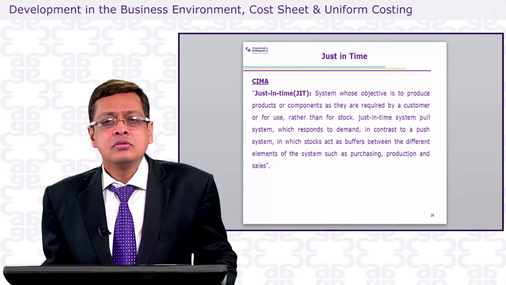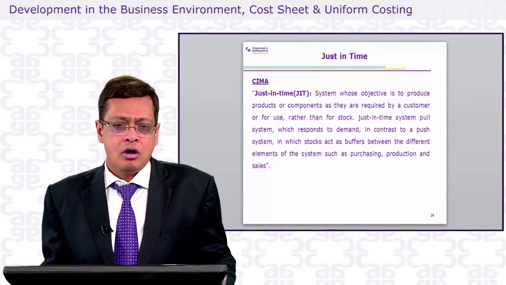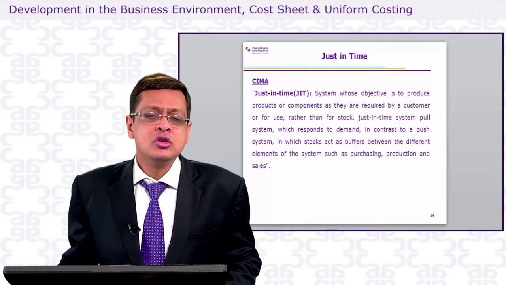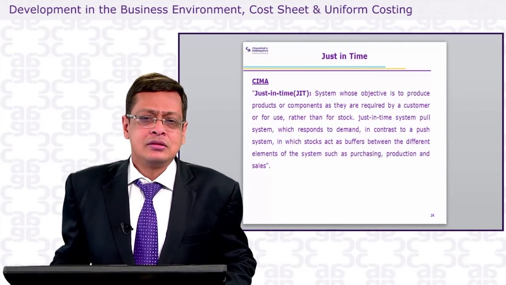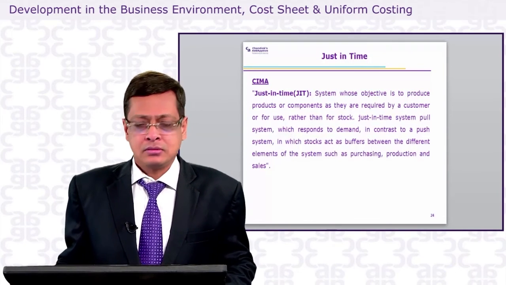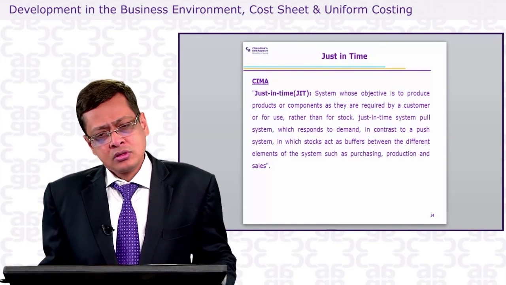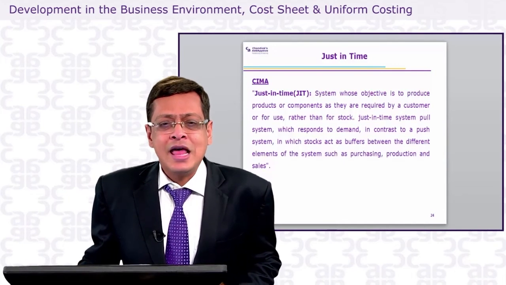Number 1, we have curtailed the cost of storage of input material, and also we have completely finished off the cost of keeping the finished product at the godown. So with this understanding, let me go into the slides.